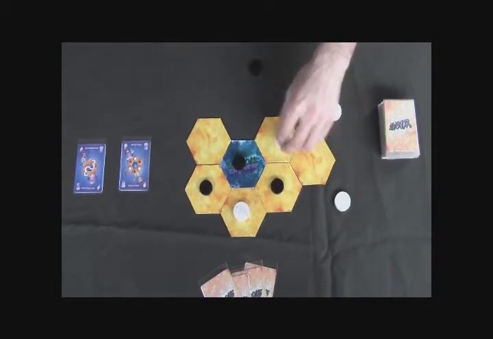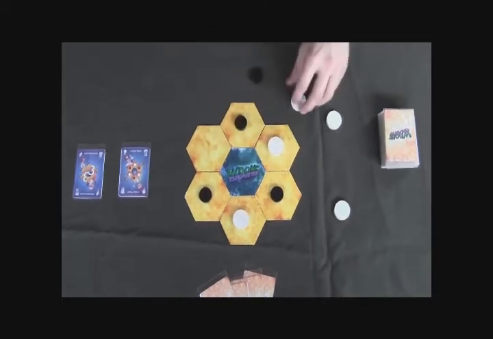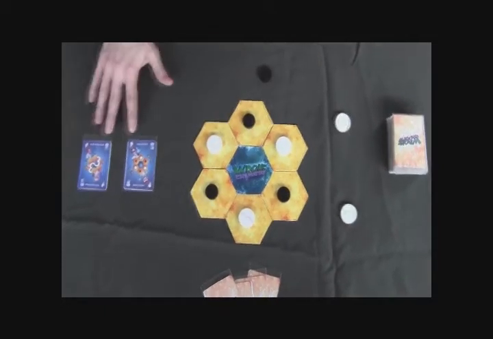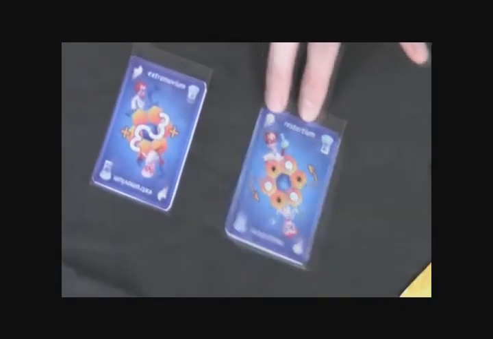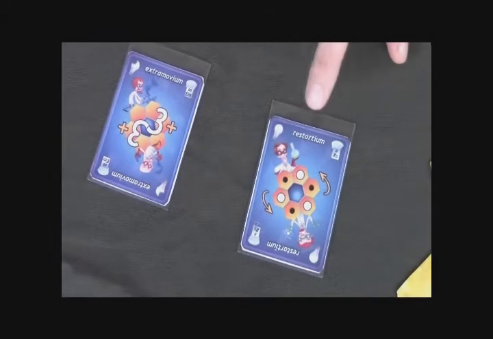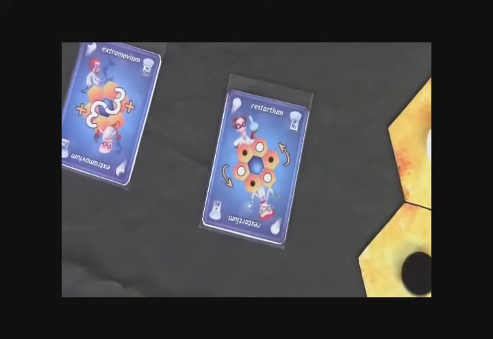So now, there are also two other options you have during your round, which are depicted on cards because they're a little more complex. This one is restartium. It is used to take the molecule back to its original state.